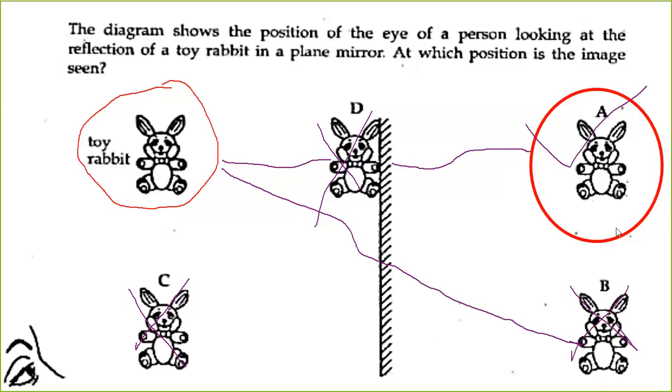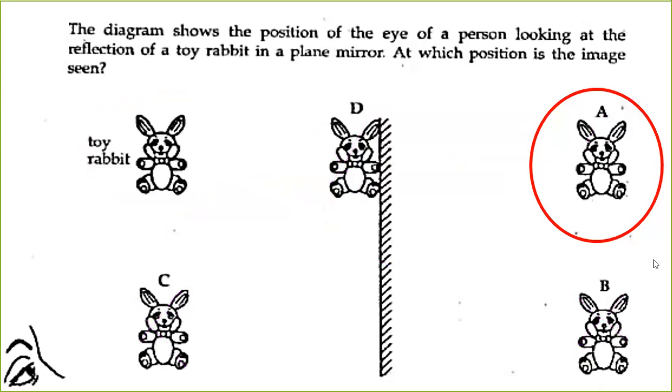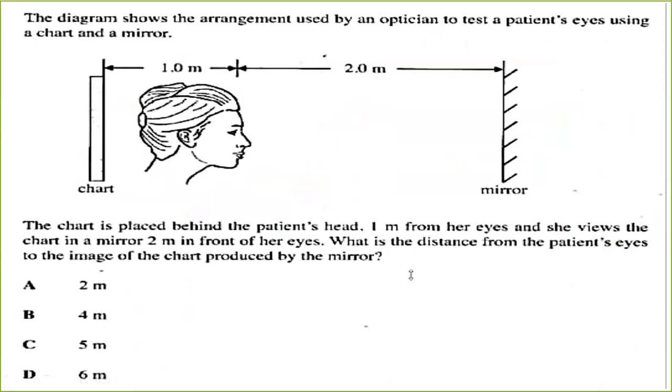All right, let's try one that's a little bit harder, but I know you can figure it out. All right, so we have a diagram that shows the arrangement used by an optician to test a patient's eyes using a chart and a mirror. So the chart is placed behind the patient's head.